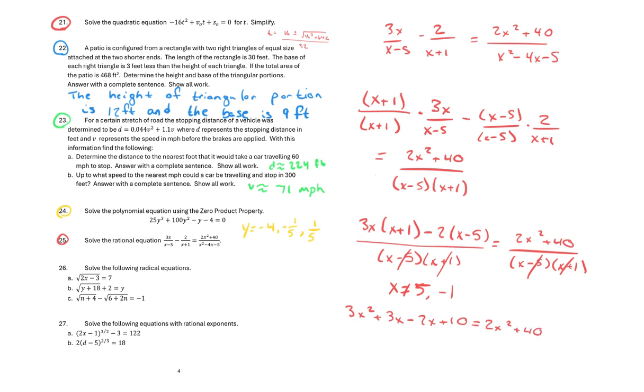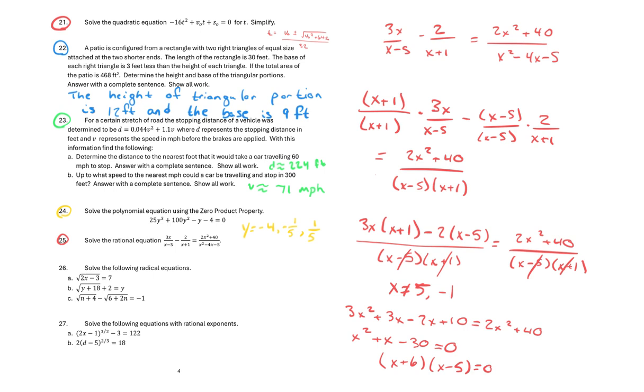Now I'm going to get everything to one side of my equation, so I'm going to have x squared plus x minus 30 equals 0. From here, I need to think of two numbers that multiply to -30 and add to 1. So my two numbers give me x plus 6 times x minus 5 equals 0.